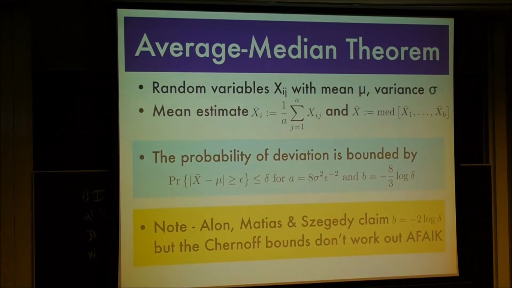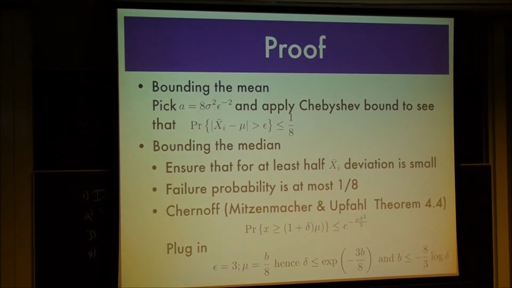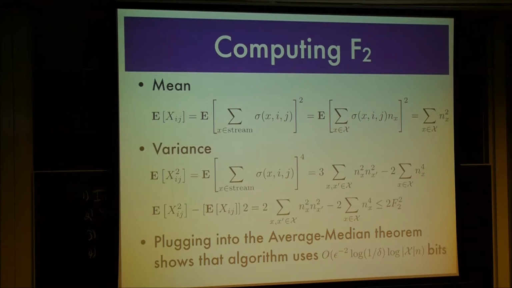So first of all, yes, there's the theorem and it's directly applied, but what's actually a bit more fun is the proof then. So we have the theorem, we have that proof, but now let's actually look at what happens with F2, because we've already done all the hard work last week. So for the mean, this is fairly straightforward, right?